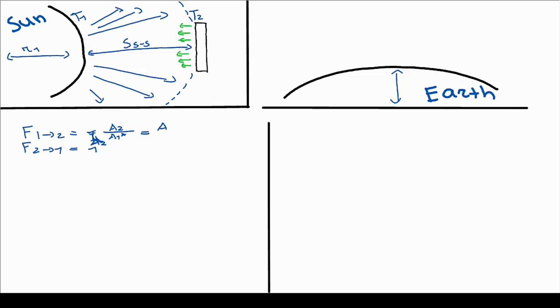So let me see, A2 will still be A2. We know this number from the exercise. And this new radius, let me take a red here, from the center of the Sun to the outer edge of the radiation circle, is 4 pi times r star squared. And this r star now is our radius from the Sun plus the distance between the Sun and the satellite, as you can see from the sketch.